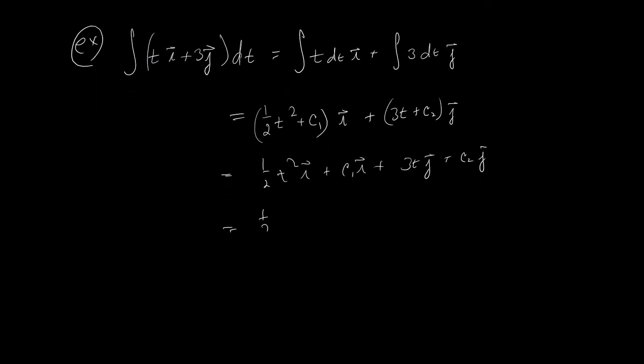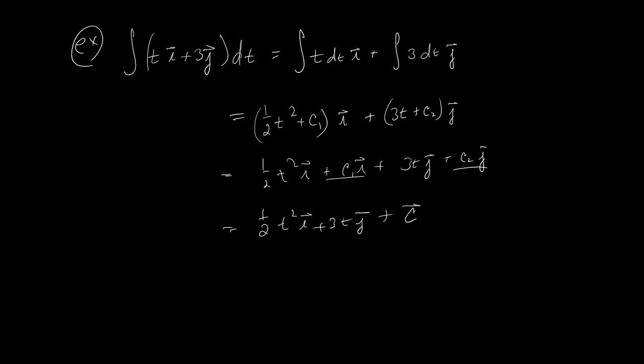Okay. So that's 1/2 t squared i plus 3t j. And then c1 in the i direction and c2 in the j direction is just some constant vector. And that's what we're going to add to these. We are going to add a constant vector.